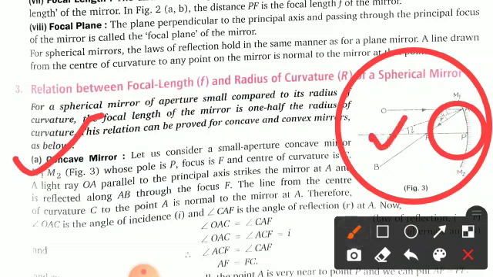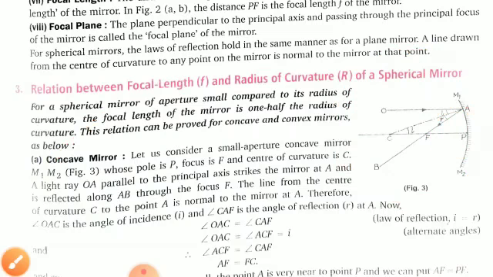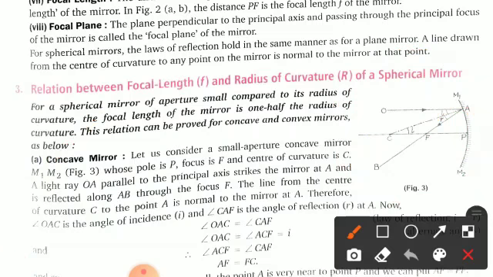A light ray OA, here you can see this is the light ray which is parallel to the principal axis, strikes the mirror at which point? At A, and is reflected along AB. After striking the mirror, in which direction is the light reflected? Along AB, as you can see, passing through the focus.